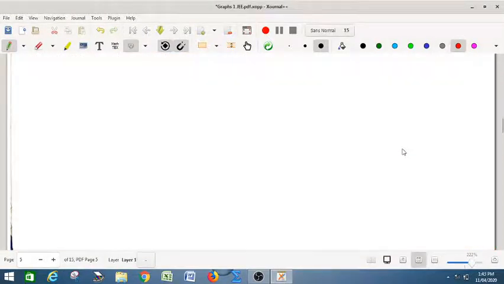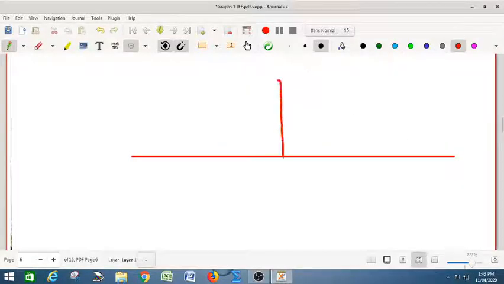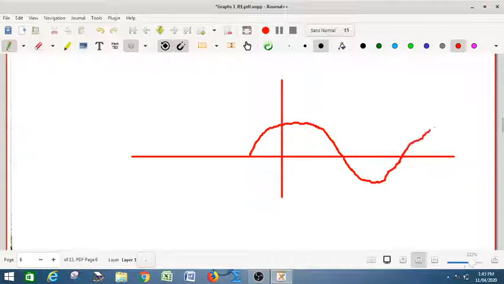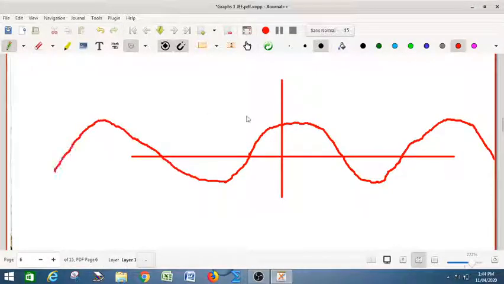Let us draw, for example, how to draw the graph of sec x. So this is your x axis and this is your y axis. You know the graph of cos x, this is the graph of cos x. Once you know the graph of cos x, it is very simple to draw the graph of sec x.